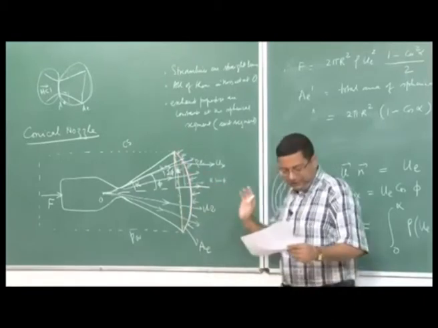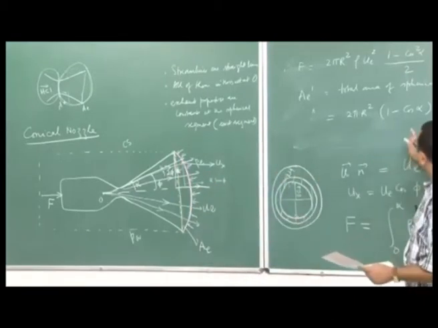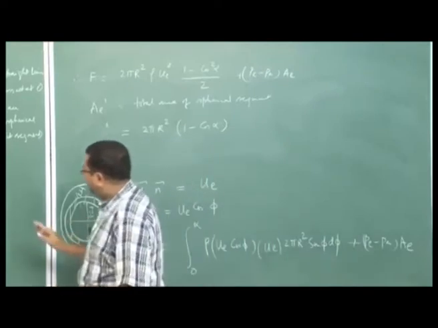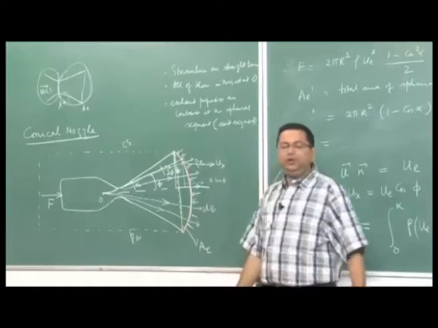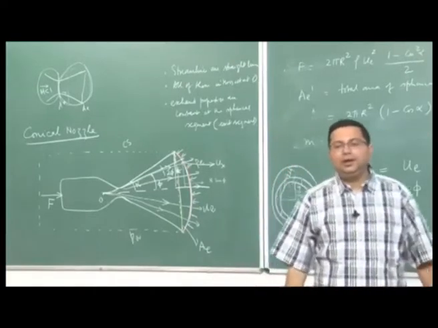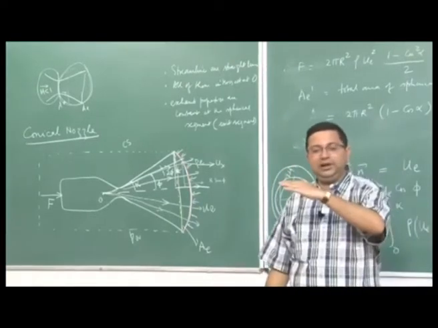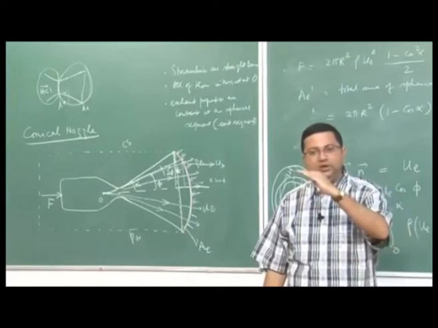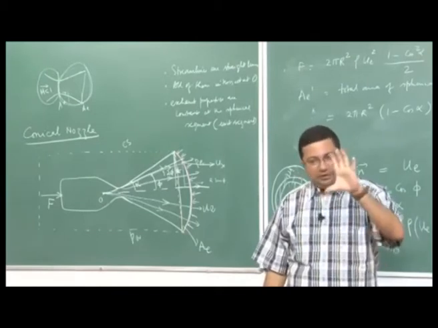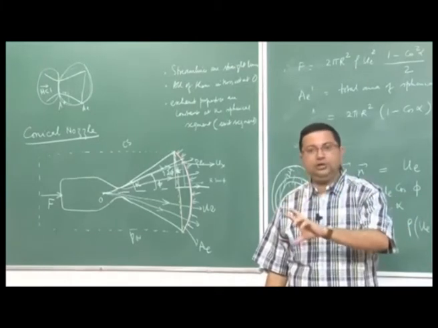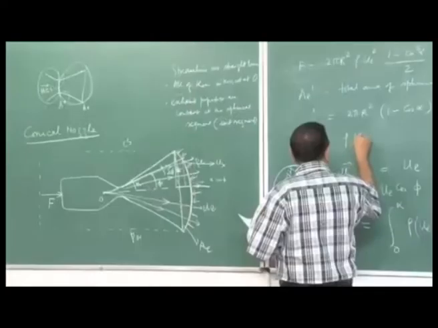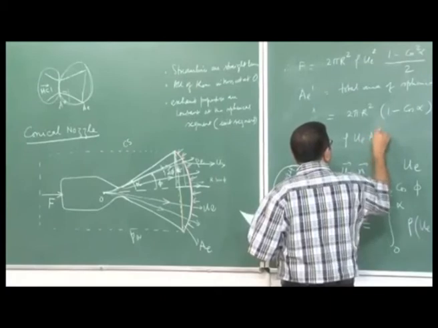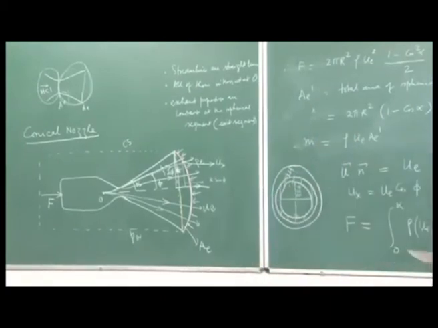Now, if I express this in terms of this, and look at the mass flow rate m dot, it is going to be defined for the flow normal to this segmental area, because the flow is normal to this area. So, m dot is going to be equal to rho u e times A dash.